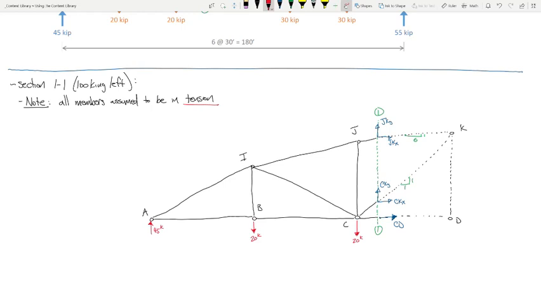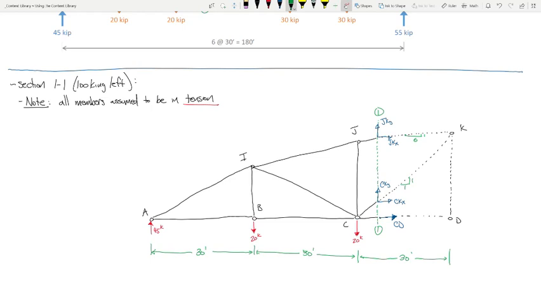Okay. And the only other thing I'm going to do is put some dimensions on here. So each one of these segments here is 30 feet. Okay. And let's look at our dimensions up and down.